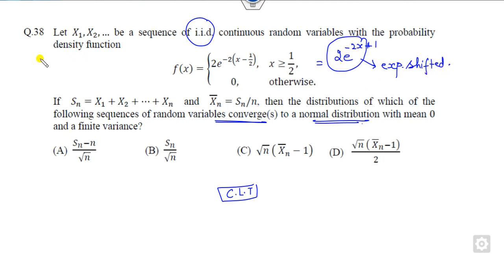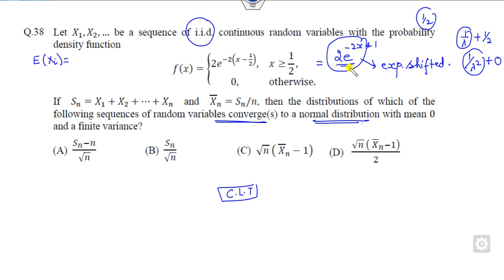What is the mean of the exponential distribution? We all know that the mean is 1 by lambda and the variance is 1 by lambda square, but this is shifted by half. So the mean is also shifted by half, but the variance of a constant value is 0. Therefore, what is the mean of the Xi?